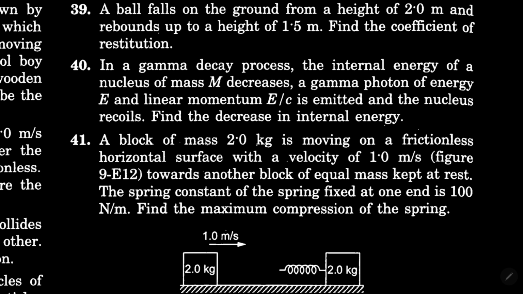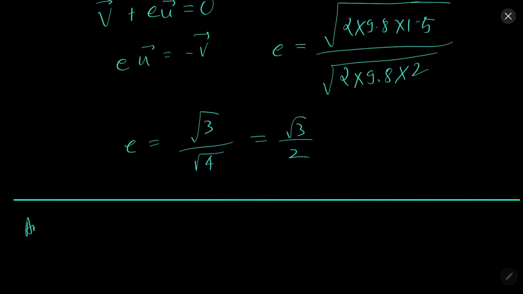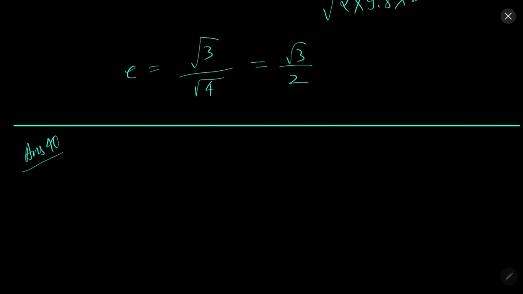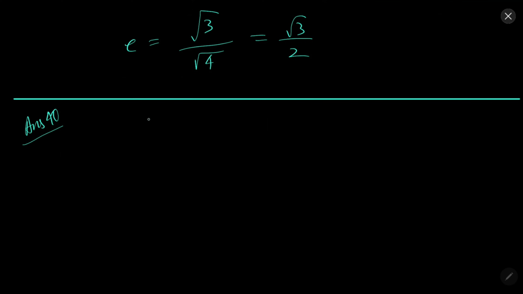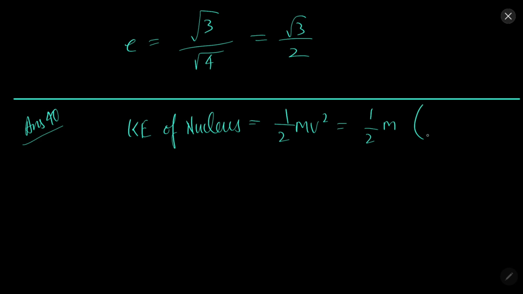Question 40. In the gamma decay process, internal energy of a nucleus of mass m decreases. We need to find the decrease in internal energy. Now the kinetic energy of the nucleus is half mv square, half m (E over mc) whole square.